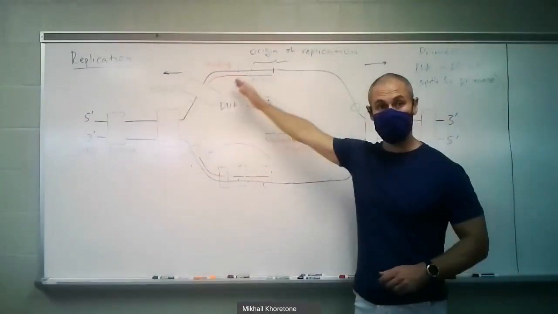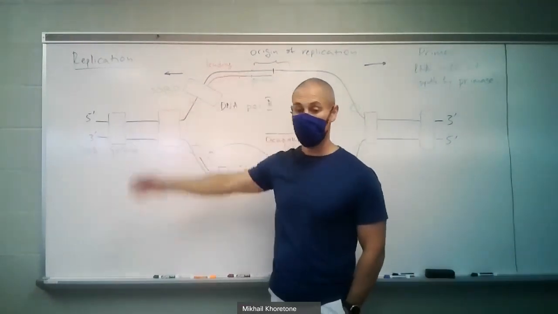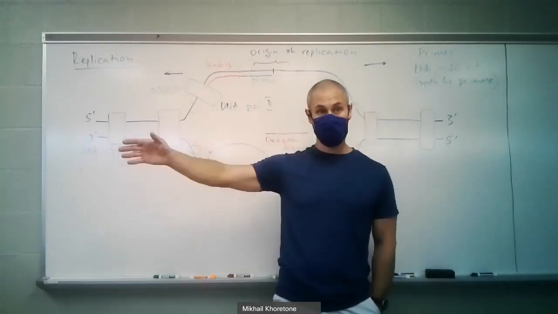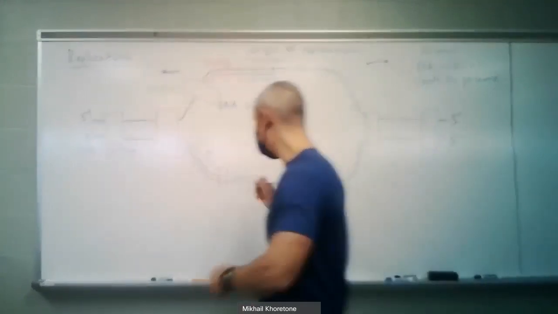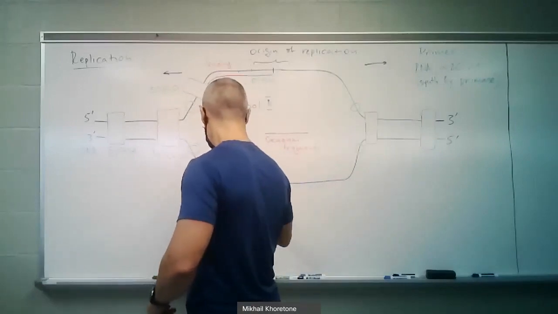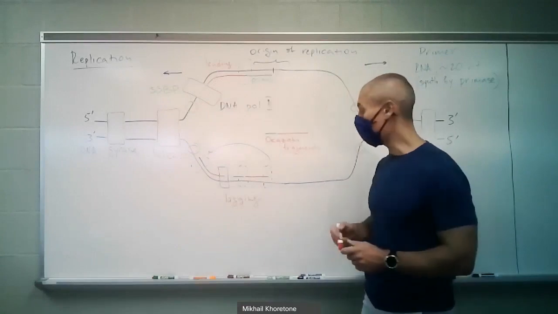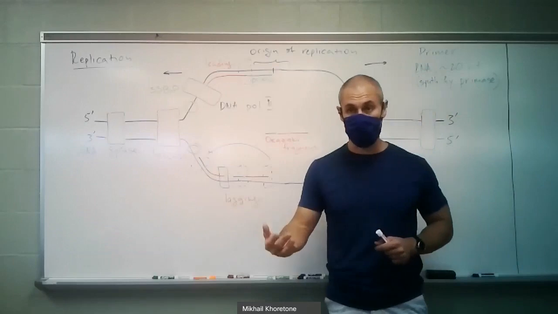So leading strand synthesis here happens in uninterrupted fashion. I'm reading a book from chapter 1 to chapter 24. On the lagging strand, synthesis happens in this Okazaki fragments fashion.